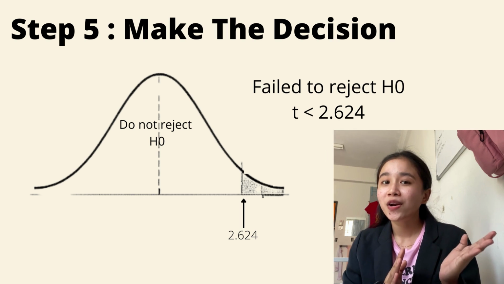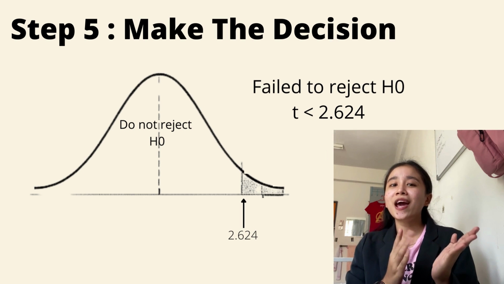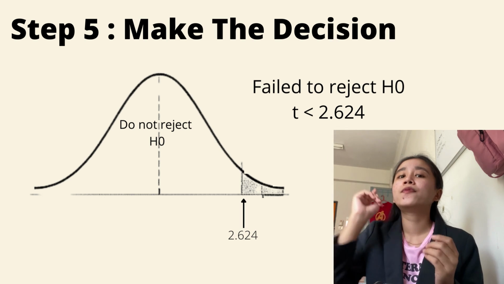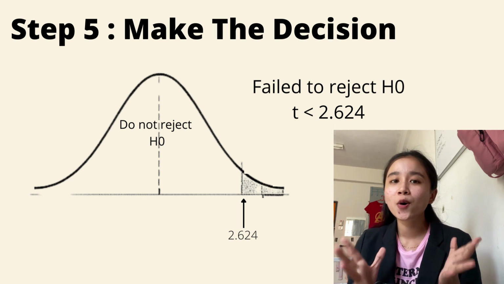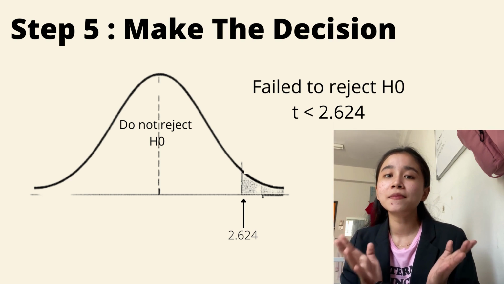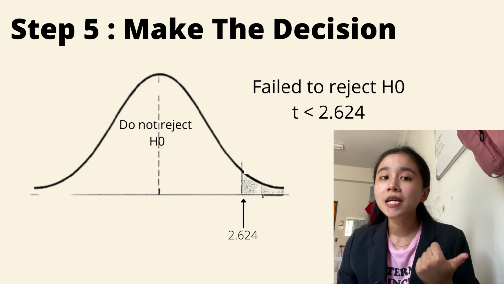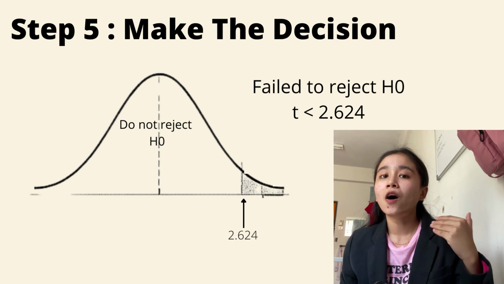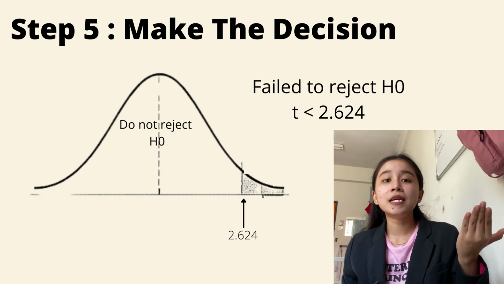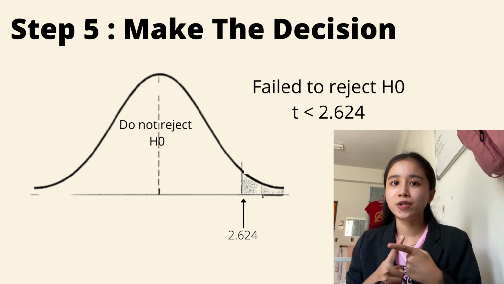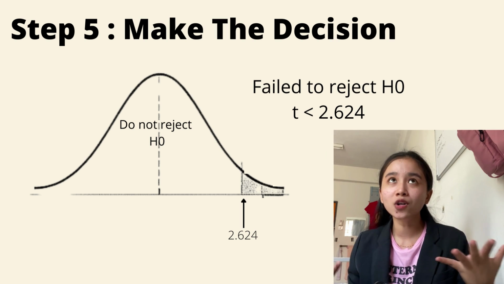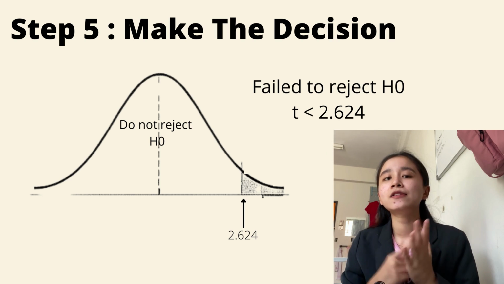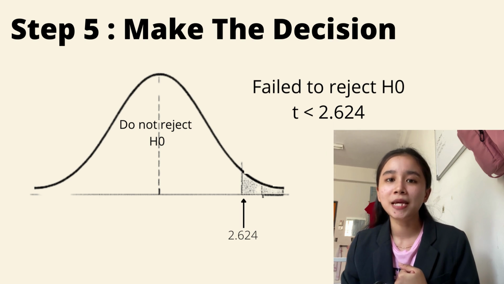But the T value that we got is 0.2343, which means that we fail to reject H0. So the statement that the mean for women is higher than the mean for men is not true. We can conclude that the mean for women is not bigger than the mean for men.